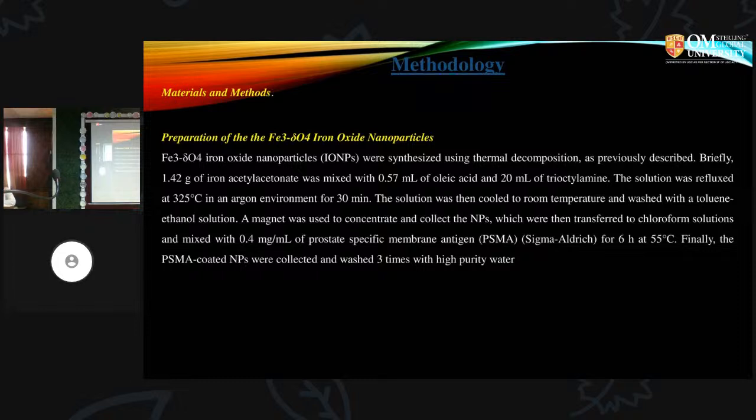Finally, the PSMA coated nanoparticles were collected and washed 3 times with high purity water. Next slide.